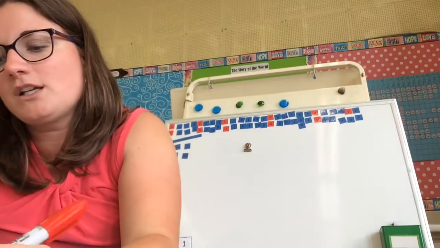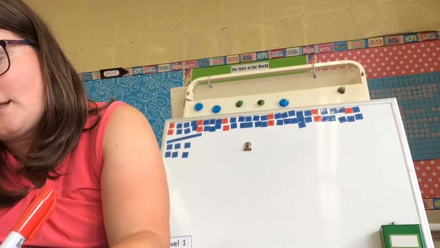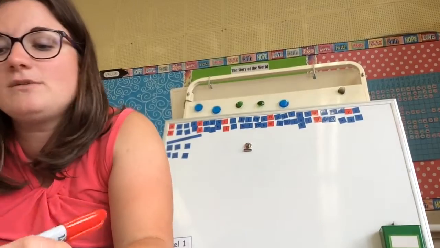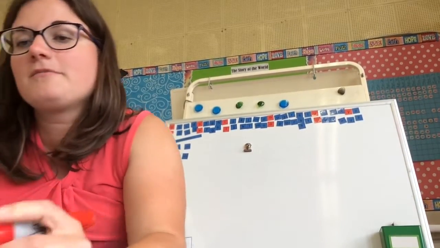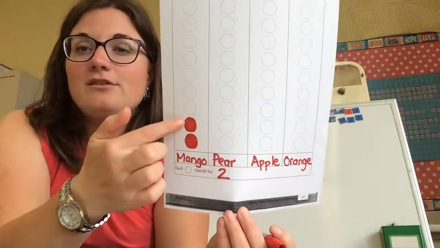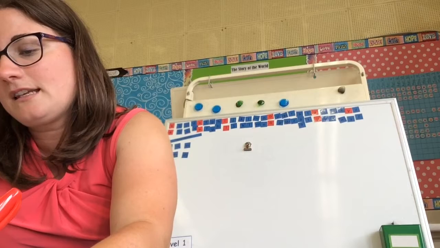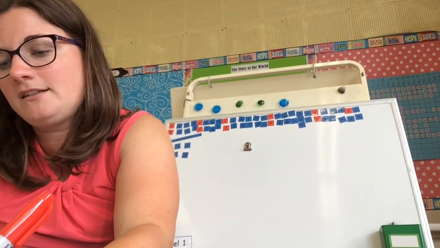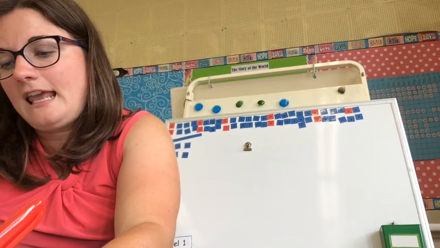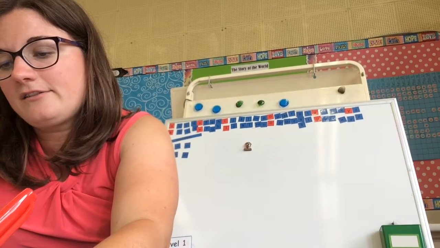Okay, so we're going to color in. So we count by 2s because each circle stands for 2 mangoes. So we go 2. Then if I color in my second circle, that's going to be 4, right? 2, 4. Keep going. 6. Color another one. 8. Color another one.